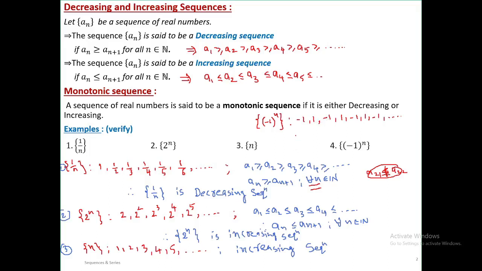So it is not strictly following one pattern, either this one or this one, it has to follow. So directly I can say that the sequence minus 1 whole raised n is neither increasing nor decreasing.